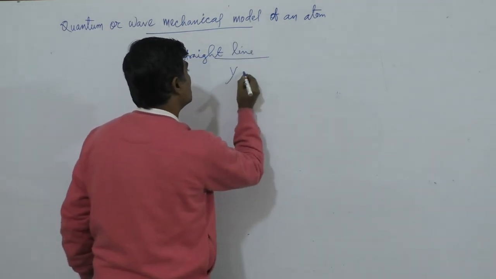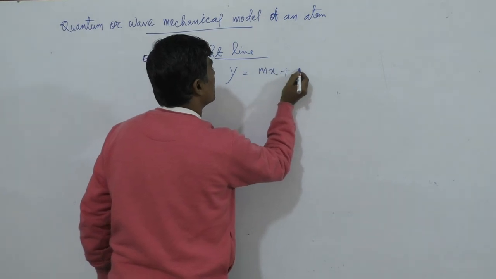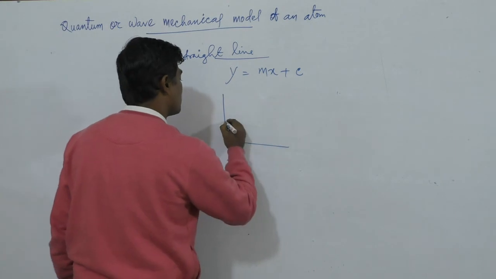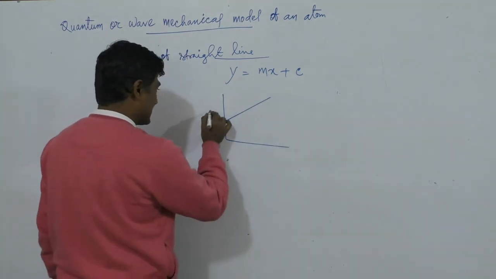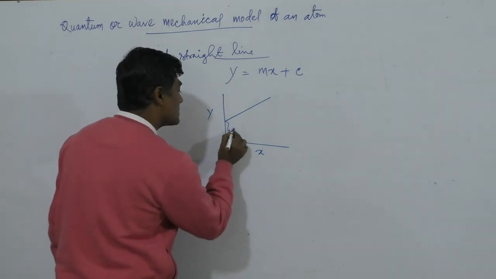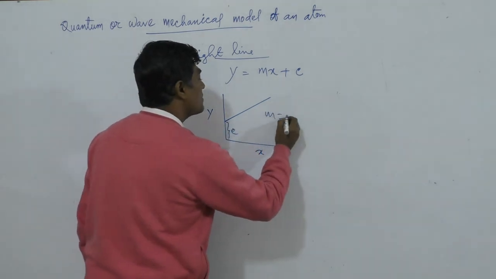What is that? y is equal to mx plus c. This is y, this is x. This is c and m is the slope.